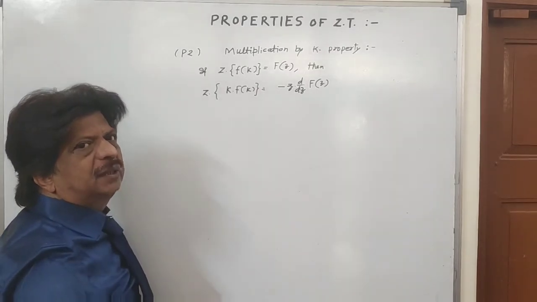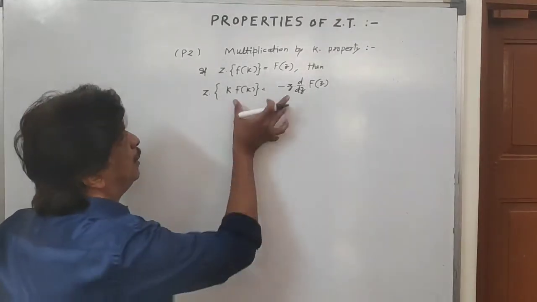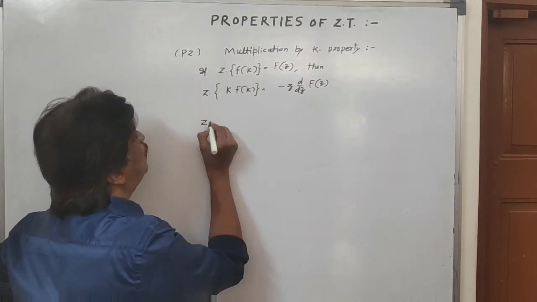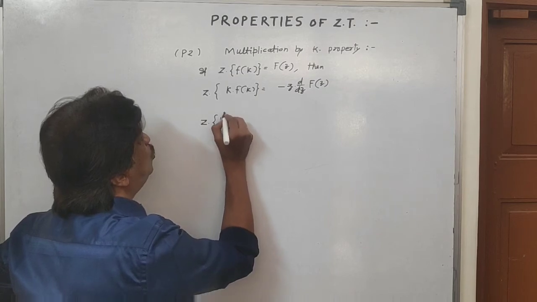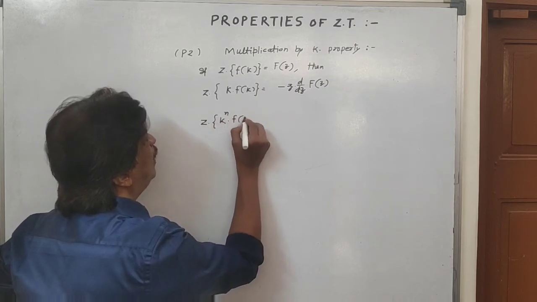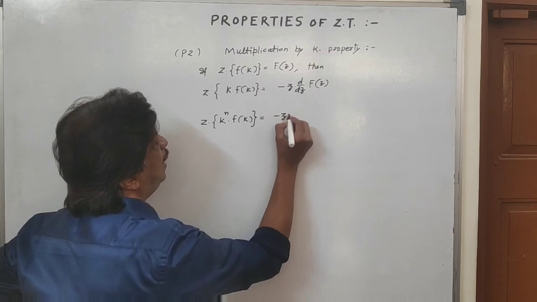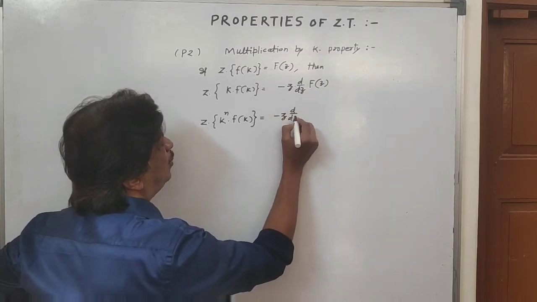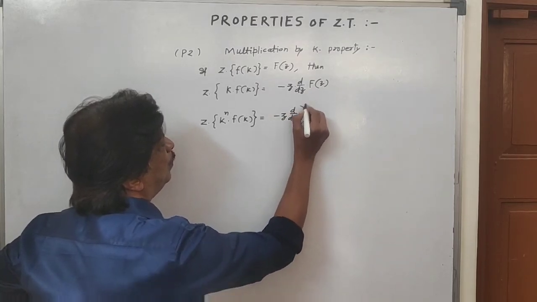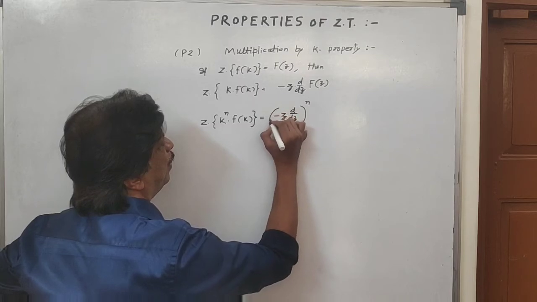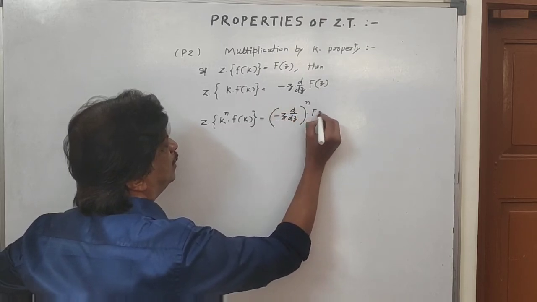This property can be successively applied as Z transform of k raised to power n times f of k is equal to minus z, the nth derivative of f of z.